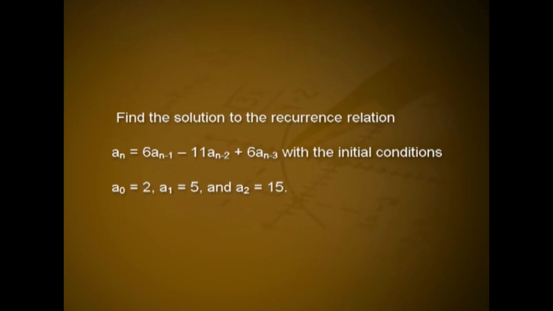Problem. Find the solution to the recurrence relation an is equal to 6 into an minus 1 minus 11 into an minus 2 plus 6 into an minus 3 with the initial conditions a0 is equal to 2, a1 is equal to 5 and a2 is equal to 15. Solution.